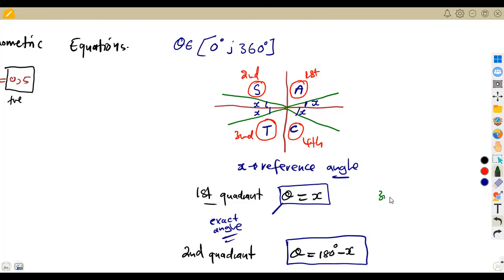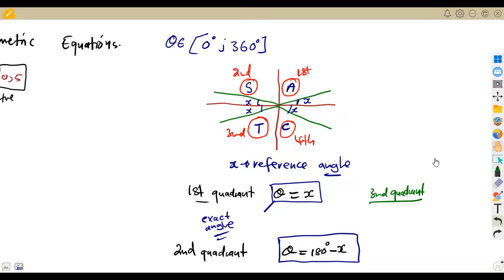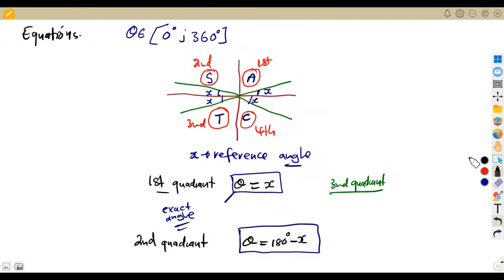So in the third quadrant, without wasting much of our time, let me quickly rush here. In our third quadrant, we said we are going to have our theta as 180 plus X. So theta is going to be referred as 180 degrees plus X, where X is the reference angle, theta is the exact angle.